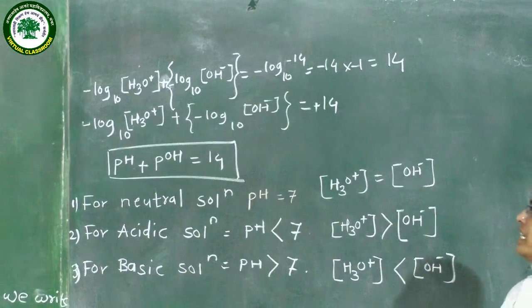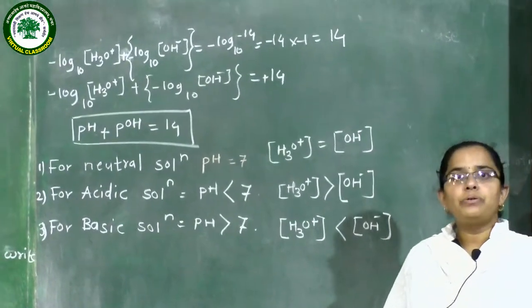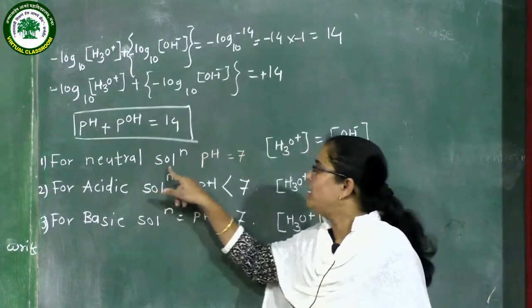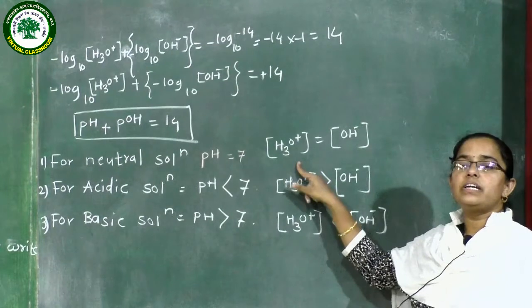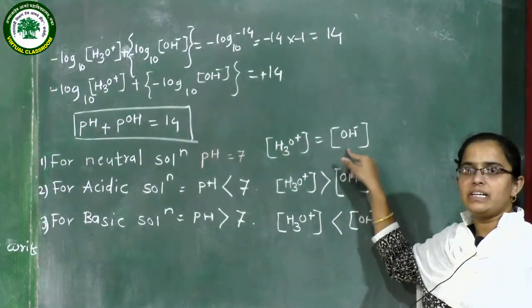Now by using this pH or pOH scale, the pH scale is 1 to 14, 1 to 7, 7 to 14. For a neutral solution, what is the pH? The pH of the solution is 7, meaning concentration of H3O plus is equal to concentration of OH minus ion.